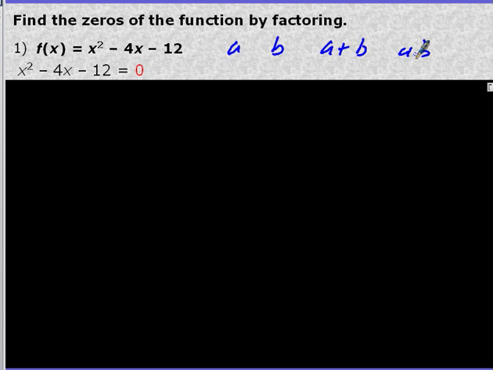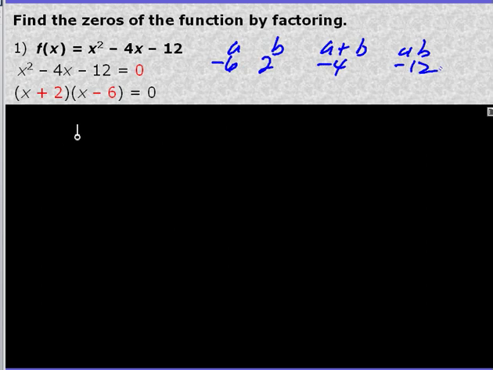What are factors? Well, we know 3 and 4, but I know right off the bat that a is negative 6, b is going to be 2, a plus b is negative 4, a times b is negative 12. So it's going to factor into x minus 6 and x plus 2.